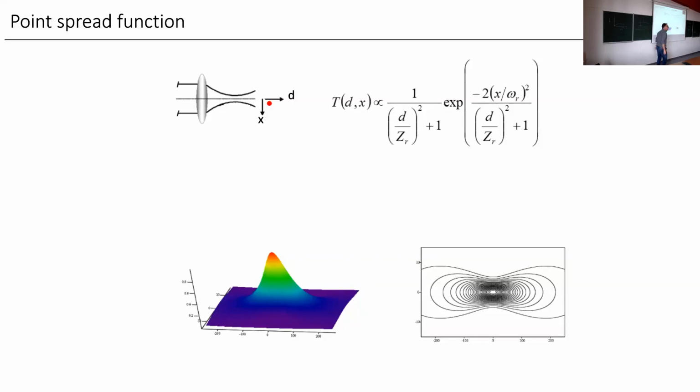I can calculate back how much light, the efficiency, I can get back into the fiber. The expression looks like this, where d is the distance, x is the offset, there is the width, and there is the Rayleigh length, the focal length. As you can see, if you plot it, it's pretty nicely symmetrical.